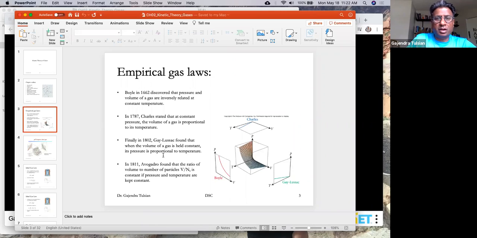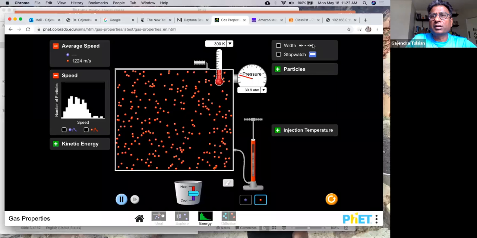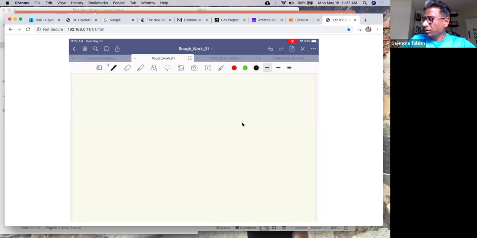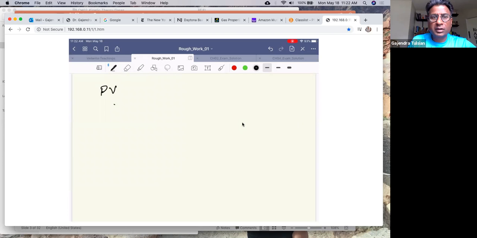Now, you all know the ideal gas law. Let me write it down: PV equals nRT, or it's also written as PV equals nKT, where K is the Boltzmann constant.